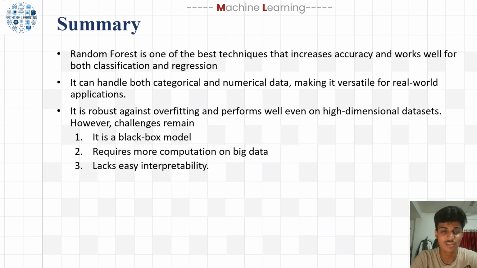Some of the applications of random forest are: it is used in finance for credit scoring and fraud detection. It is also used in healthcare for disease prediction and diagnosis, and in marketing for customer segmentation and recommendation systems. That's why random forest remains one of the most reliable and widely used algorithms in machine learning.